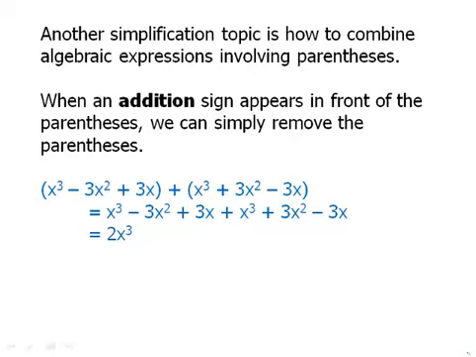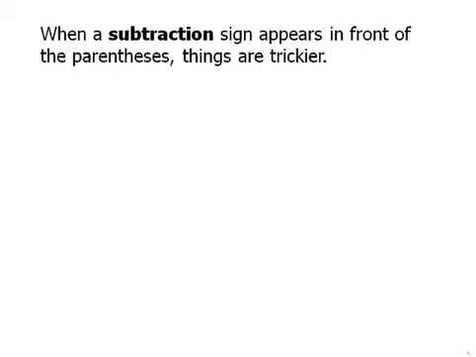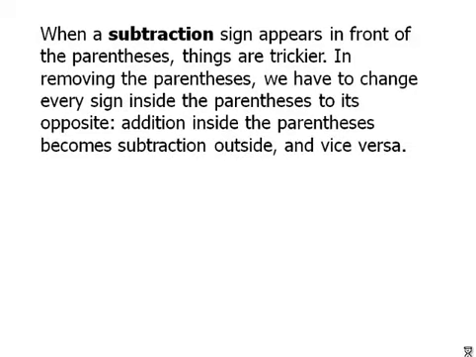When a subtraction sign appears in front of the parentheses, things are a little trickier. In removing the parentheses, we have to change every sign inside the parentheses to its opposite. Addition inside the parentheses becomes subtraction outside, and vice versa. So here, we're subtracting those parentheses.